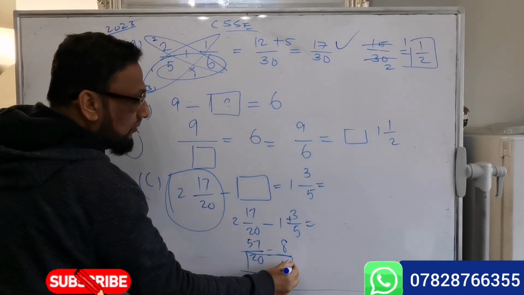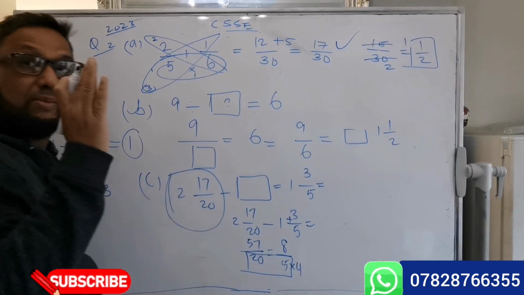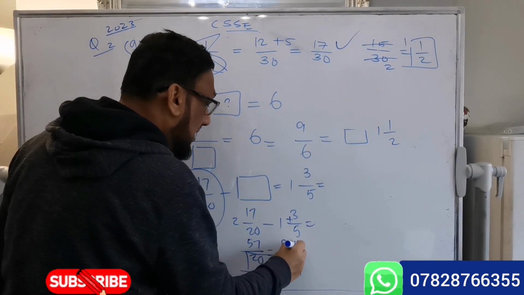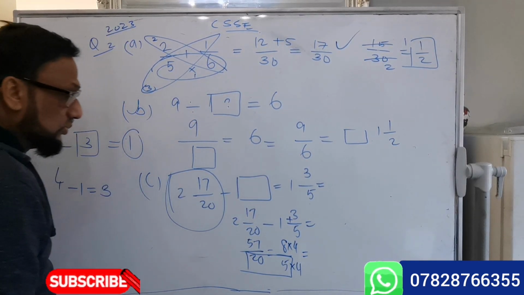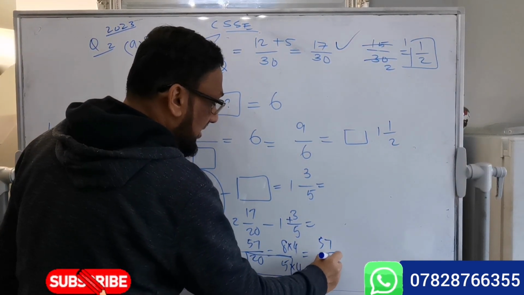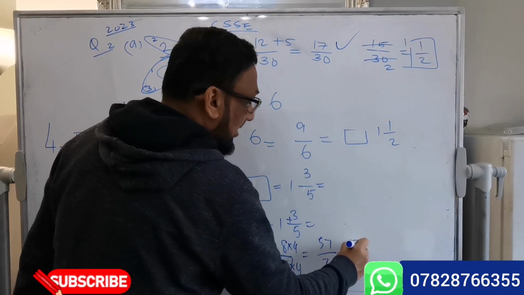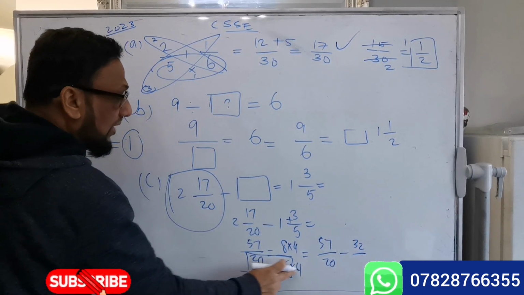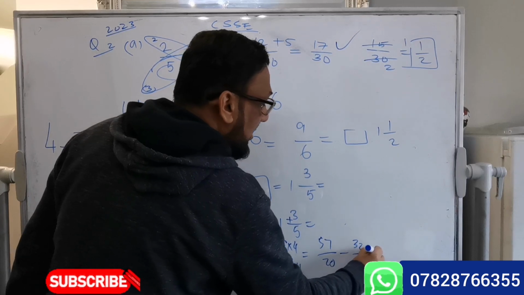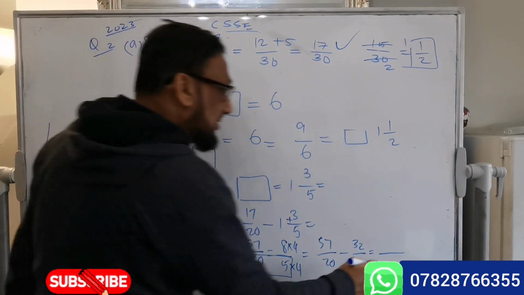So 5 times 4 is 20. If I multiply the denominator, I must multiply the numerator too. So now 57 over 20, and then minus 8 times 4 is 32, and 5 times 4 is 20. Now the denominators are the same, and you keep it as it is.